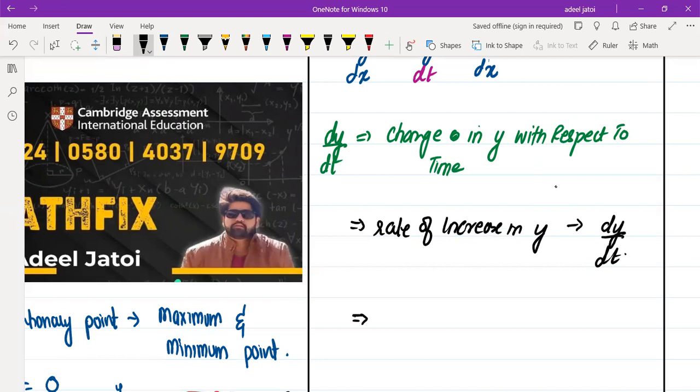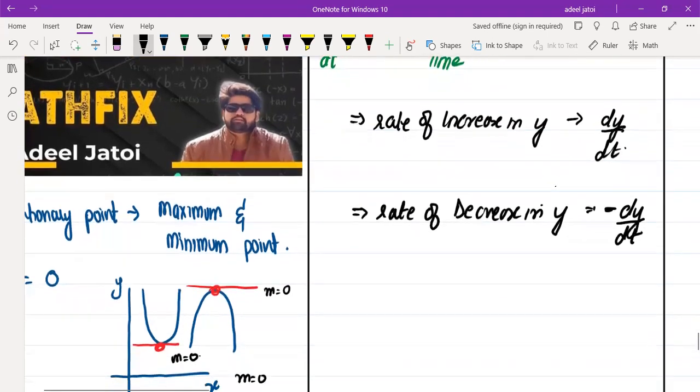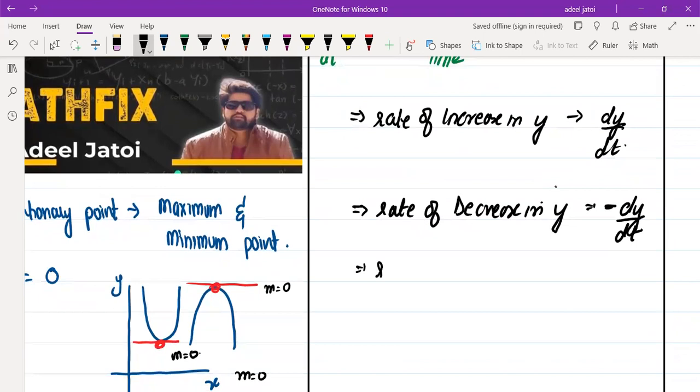If the question says rate of decrease in y, this would be negative dy upon dt. If the question says rate of increase in x, this will be dx upon dt.